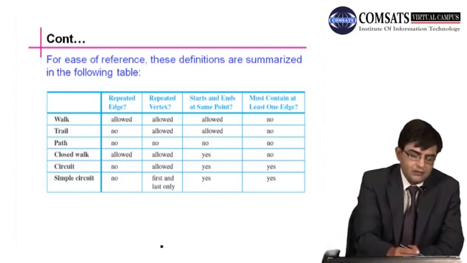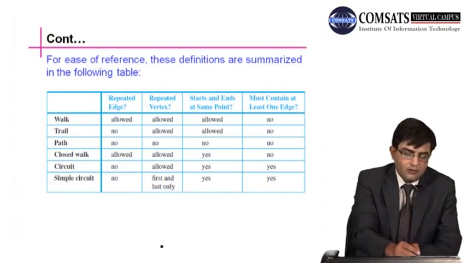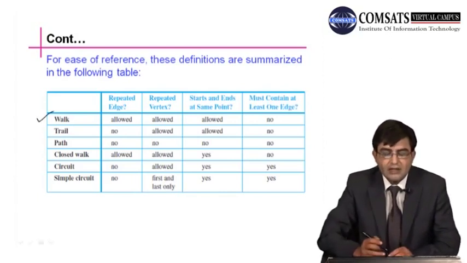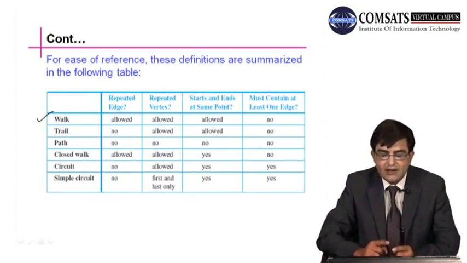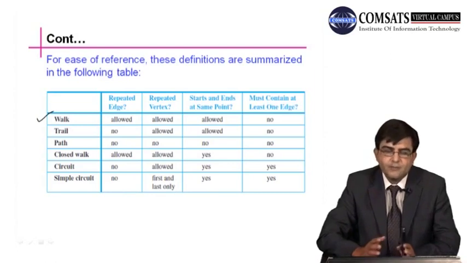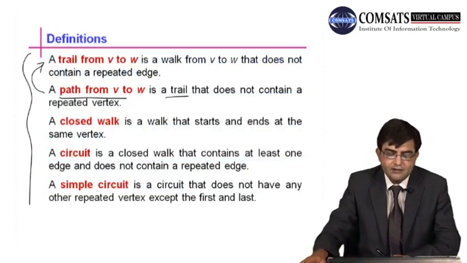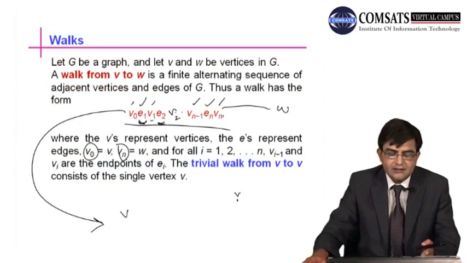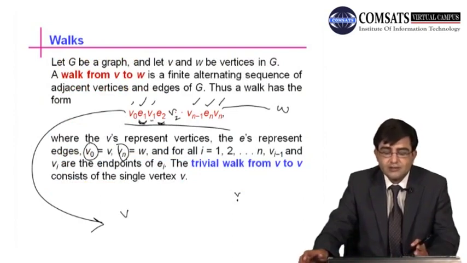If you see walk, what is a walk? In a walk a repeated edge is allowed, a repeated vertex is allowed, and starting and ending at the same point is allowed, because in the definition of a walk they don't mention that we cannot take the starting and ending point the same, so we can take the starting and ending point the same.